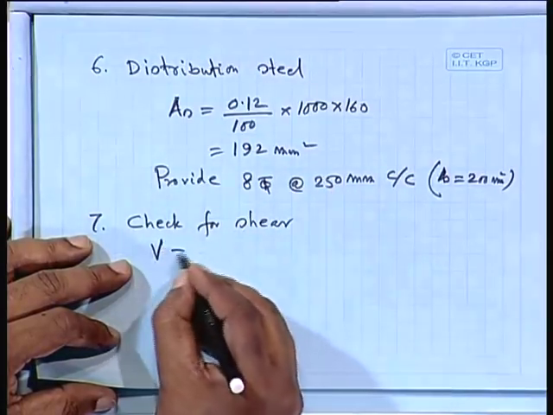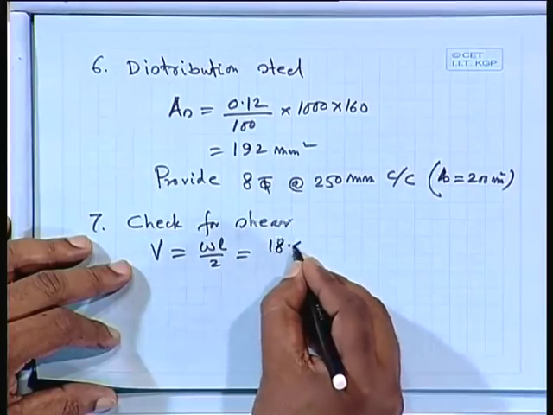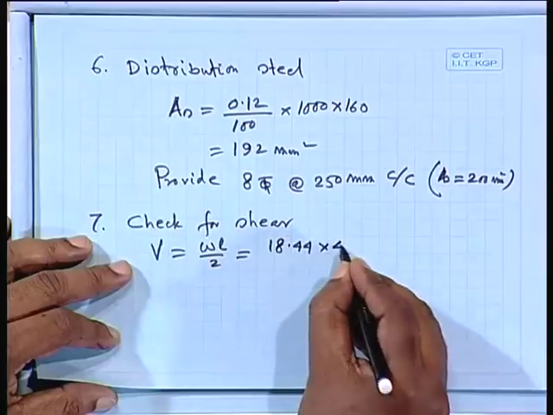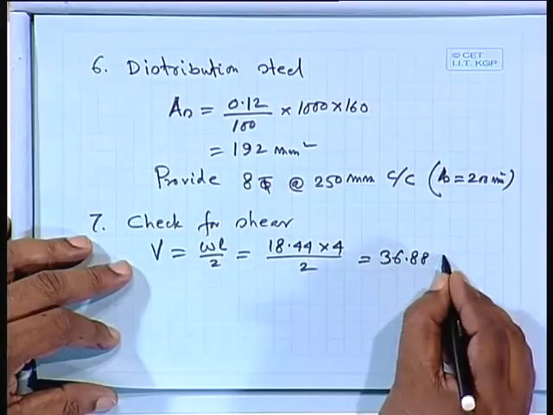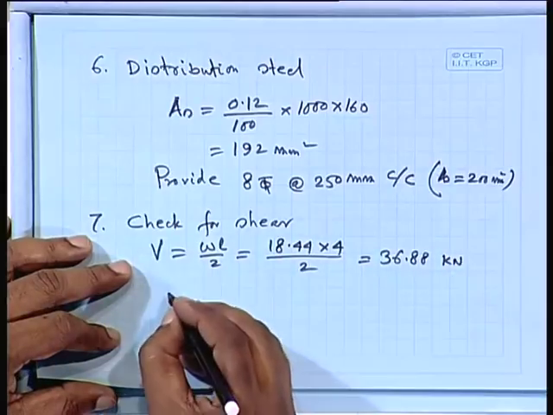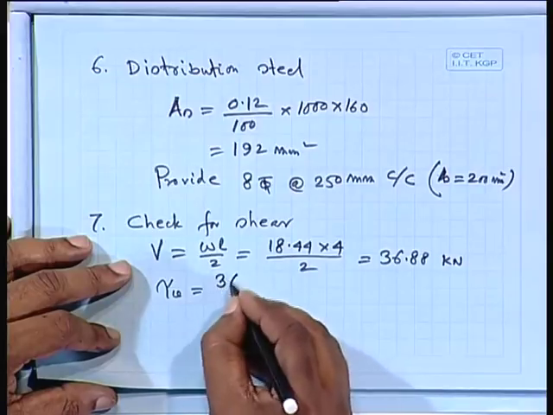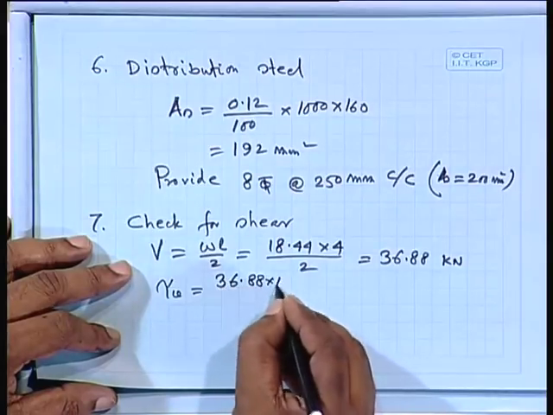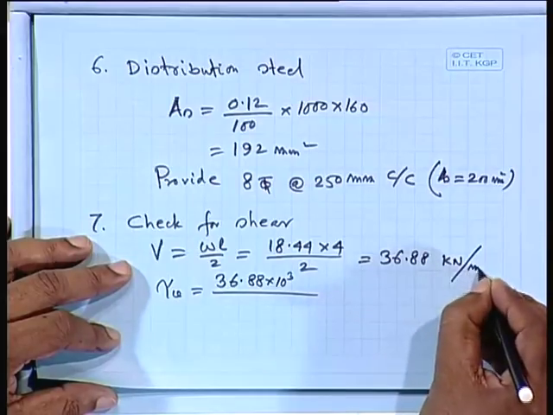So, shear force V will be equal to WL by 2, equal to 18.44 times 4 divided by 2, equal to 36.88 kilonewton. So, tau V equal to 36.88 into 10 to the power 3, thereby we are talking this one per meter width.